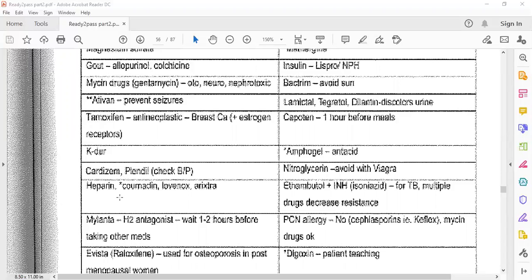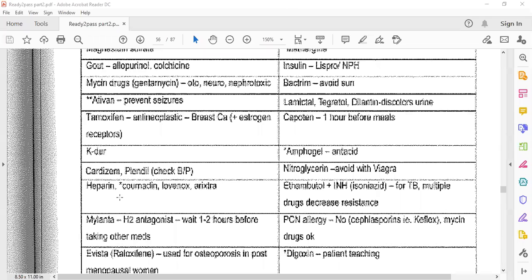Heparin is an anticoagulant or blood thinner that prevents the formation of blood clots, and heparin is used to treat and prevent blood clots caused by certain medical conditions or medical procedures. It is also used before surgery to reduce the risk of blood clots, right?